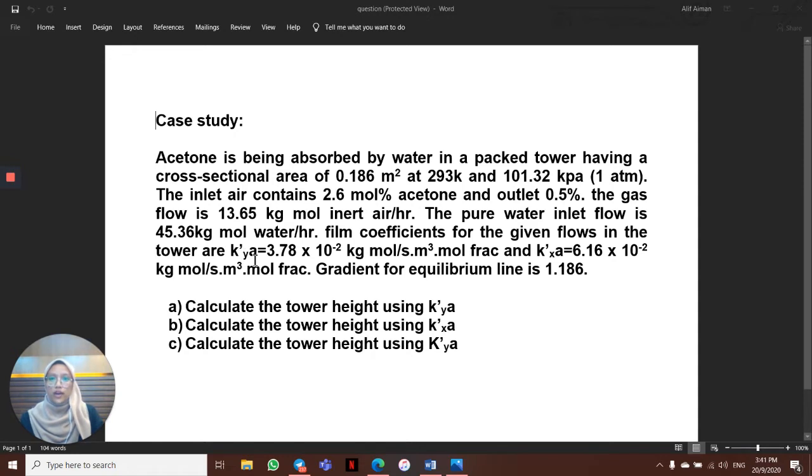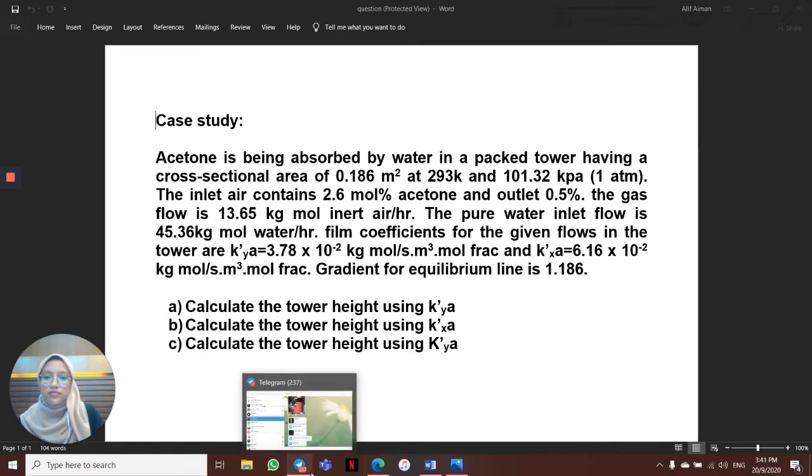The K prime YA and K prime XA represent the single mass transfer coefficients. The gradient for the equilibrium line is 1.186, which is m. Question A, calculate the tower height using K prime YA. B, calculate the tower height using K prime XA, and C, calculate the tower height using K prime YA.